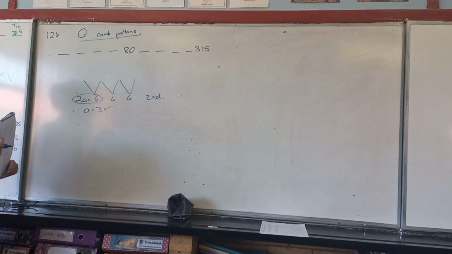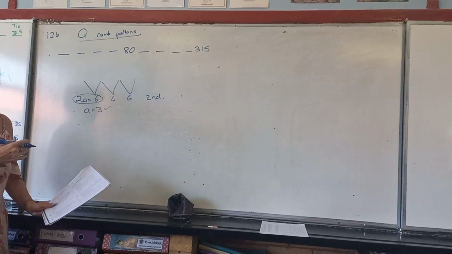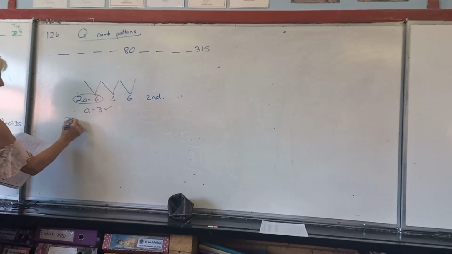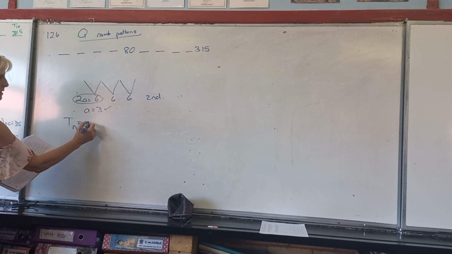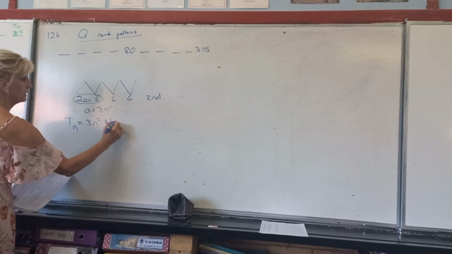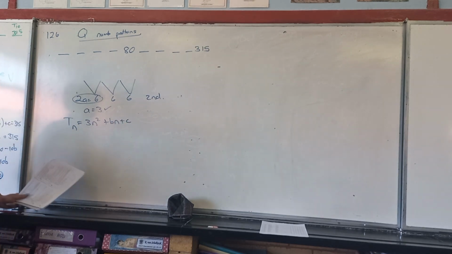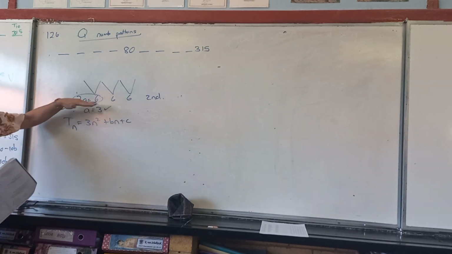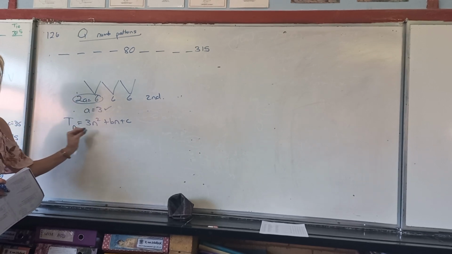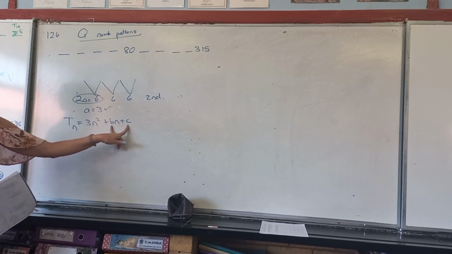So if I have A, how does that help me with my general term? What was the general term? An squared plus bn plus c. At least I've got a mark, because I know that the second difference is equal to 2a, and that a is going to be 3 in the general term.